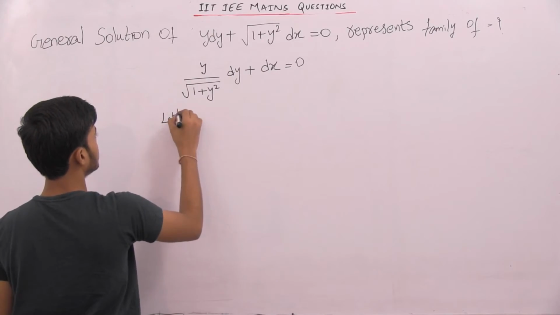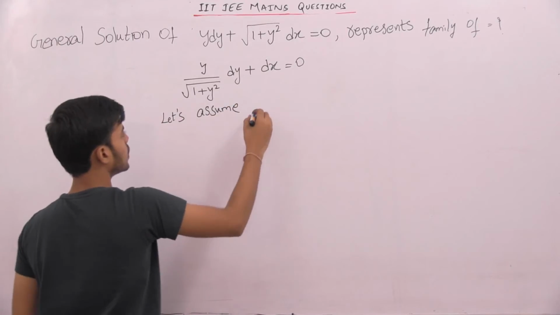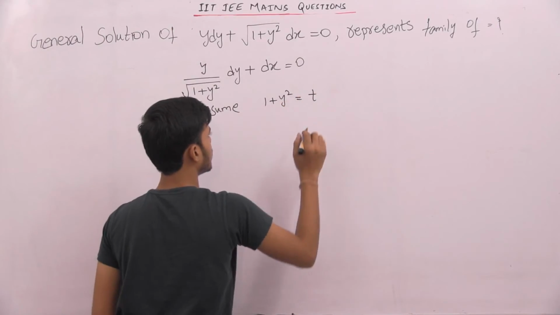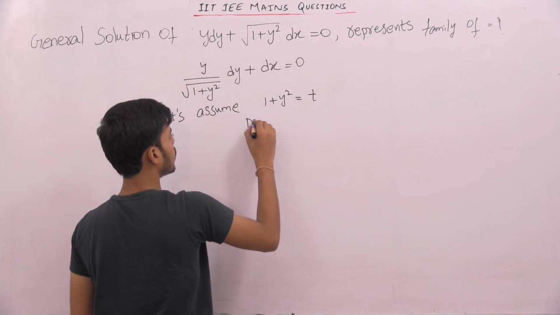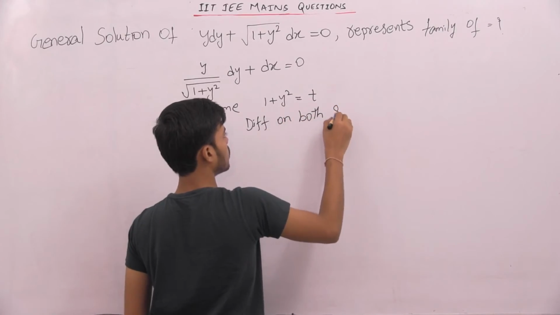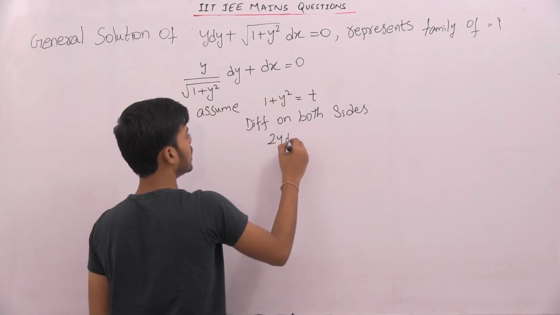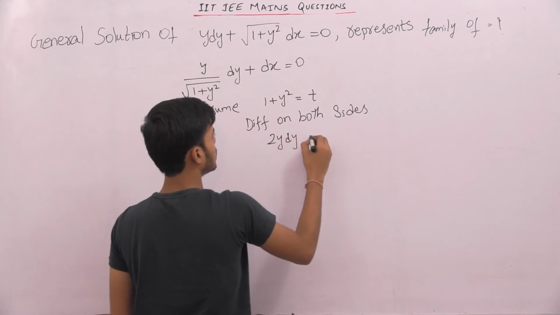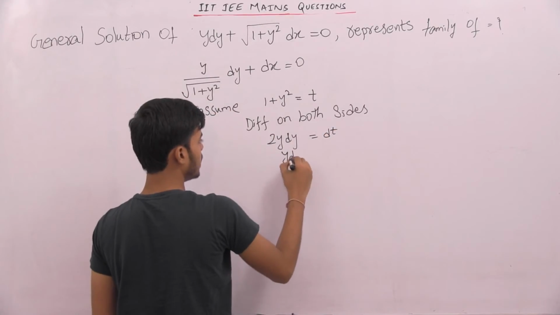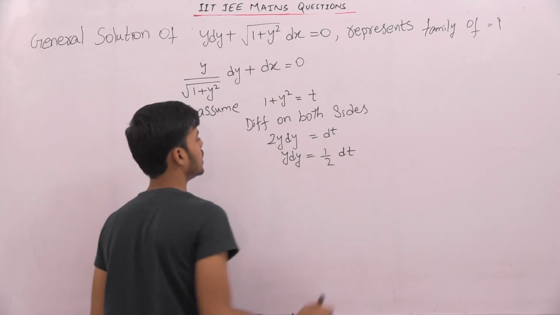So let's assume 1 plus y square to be some t. Now differentiating on both sides, we get 2y dy is equals to dt, but here we have y dy. So sending 2 over the other side would give us half dt.